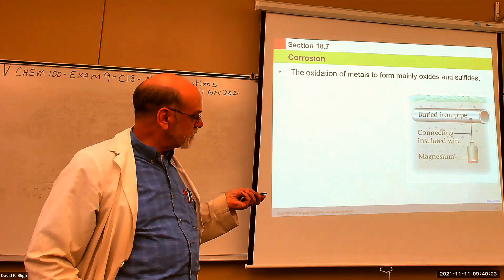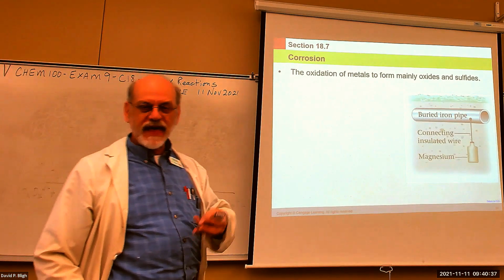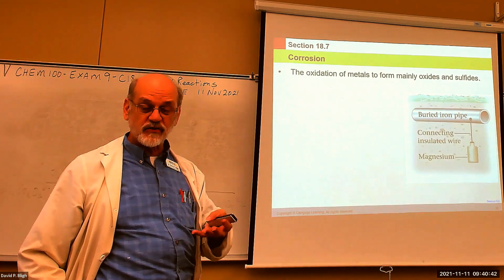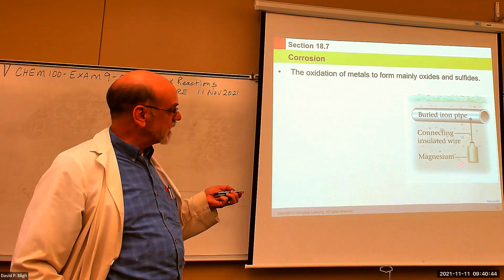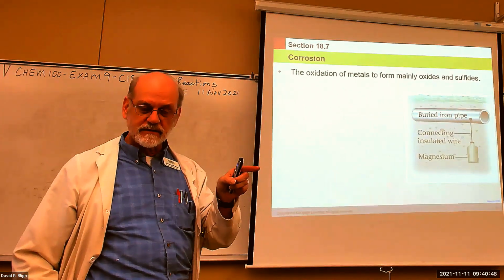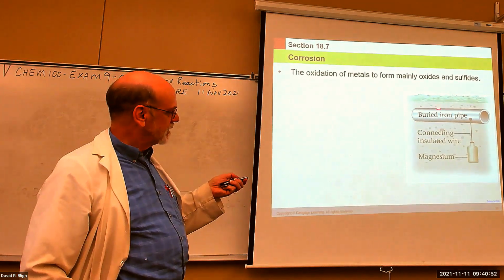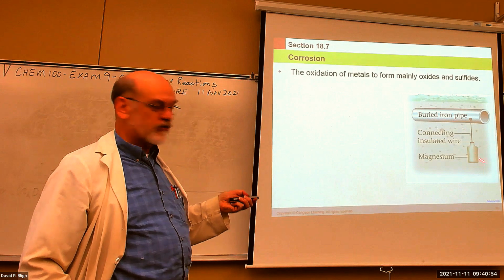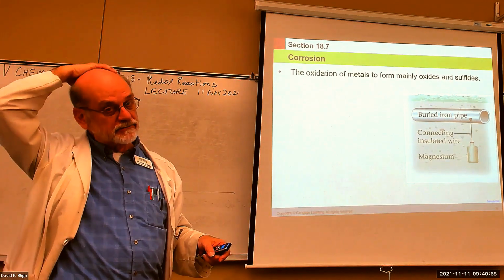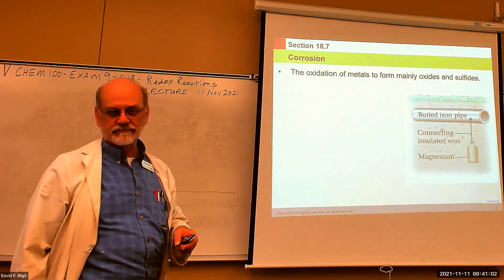When that magnesium becomes oxidized, it gives up its electrons, and we supply those electrons to the iron pipe, makes it the cathode. So we keep the iron reduced here by sacrificing that metal. That's called cathodic protection.